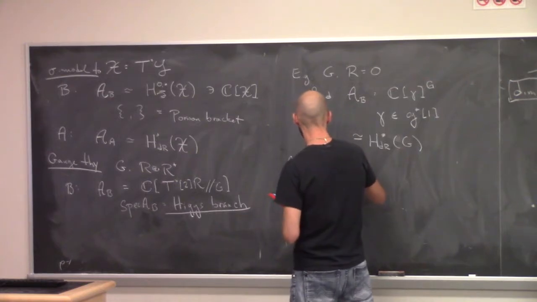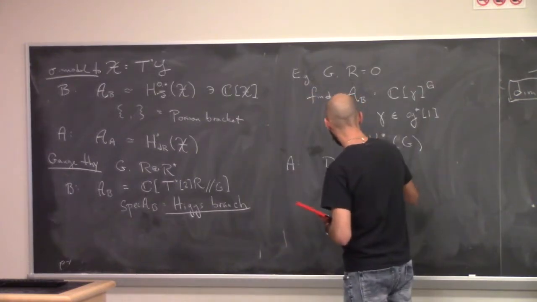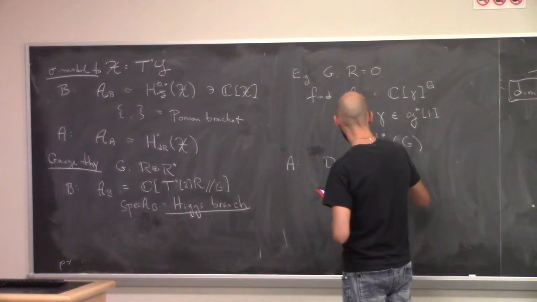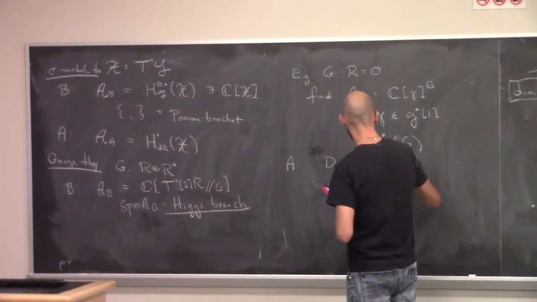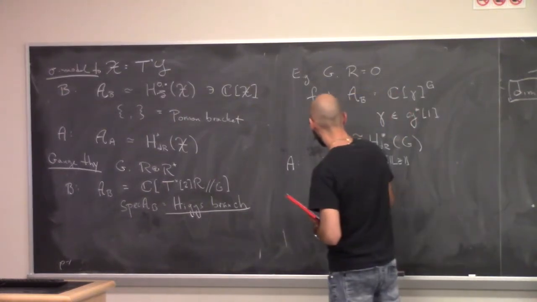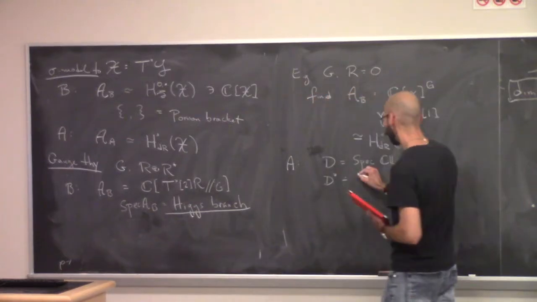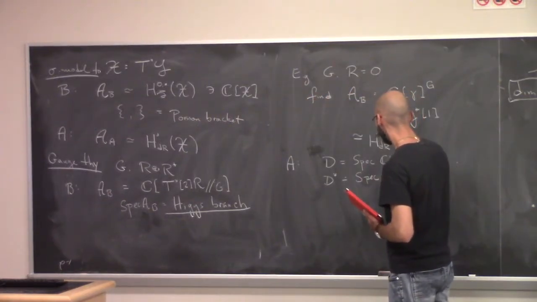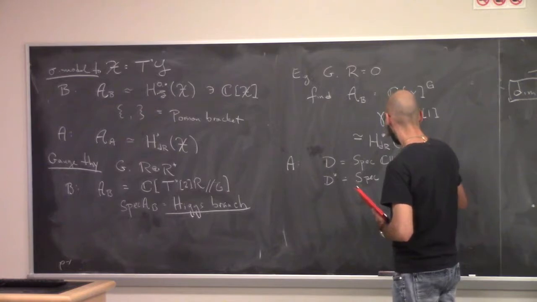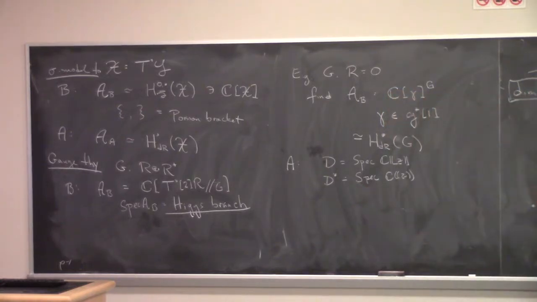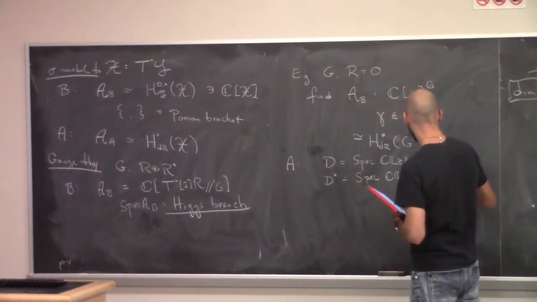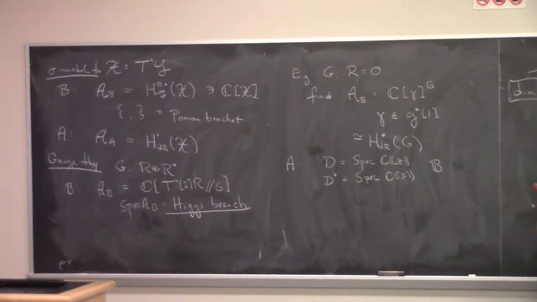So I'm going to let D be the formal disk, the thing whose functions are Taylor series, and D star is a formal punctured disk, the thing whose functions are Laurent series. And there's a space that I think, after Joe Kamnitzer, really like to call the raviolo.